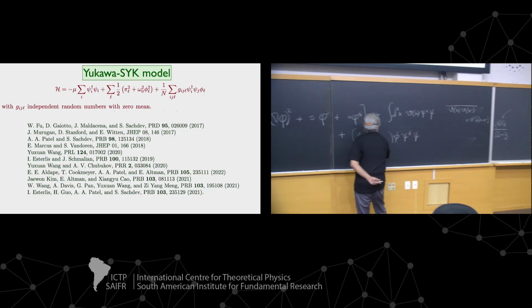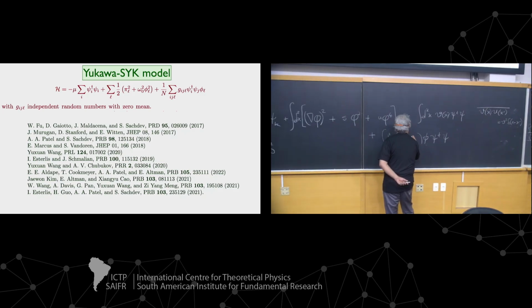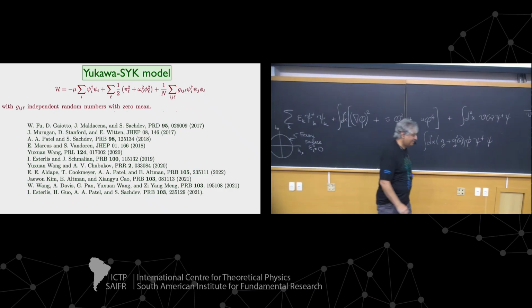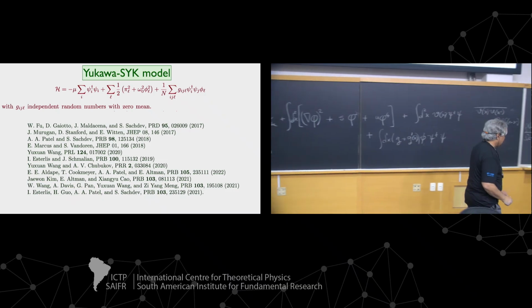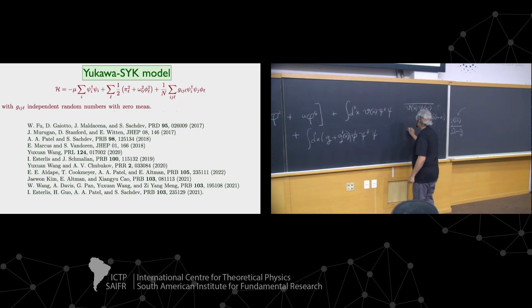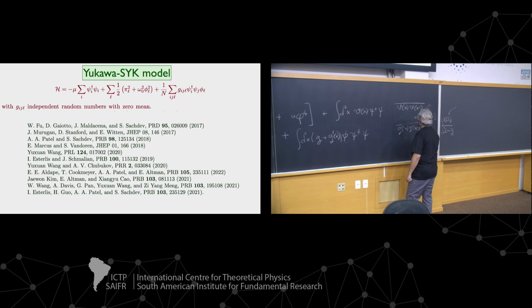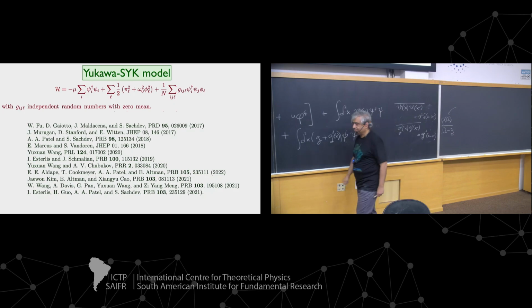But what we are going to do is also make the Yukawa coupling, and this turned out to be the key step that took us several years to realize, a random function. You want to make the Yukawa coupling have a component that's a random function of space. All right, so that's the model.